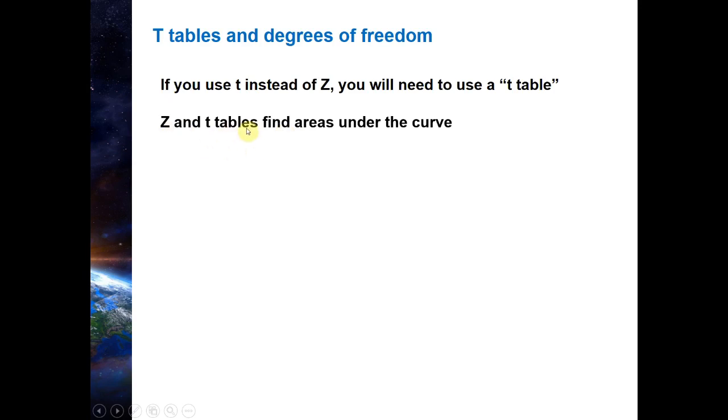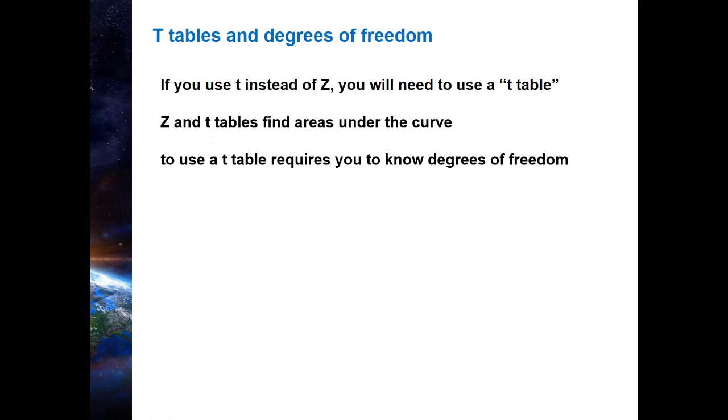So Z and t tables both allow you to find areas under the curve. The difference is with a Z, you just need the Z and the table and you're good to go. But for t, you need not only the t score that you want to look up, but also degrees of freedom.